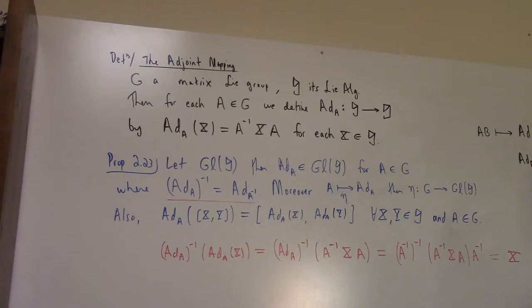That doesn't look like a homomorphism to me. With composition, well, oh yeah, looks to me like AB maps to Ad B composed with Ad A. I think this is an anti-homomorphism.